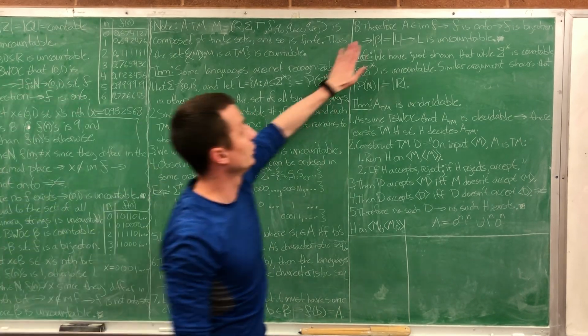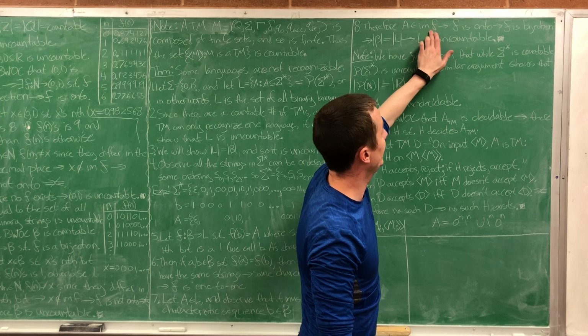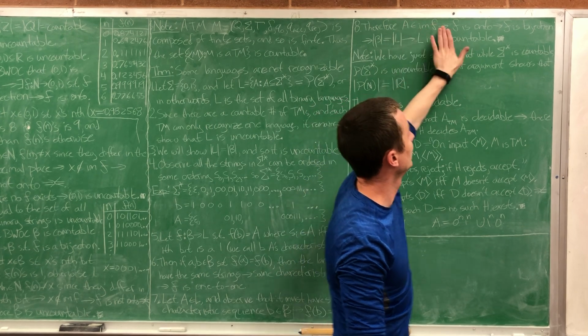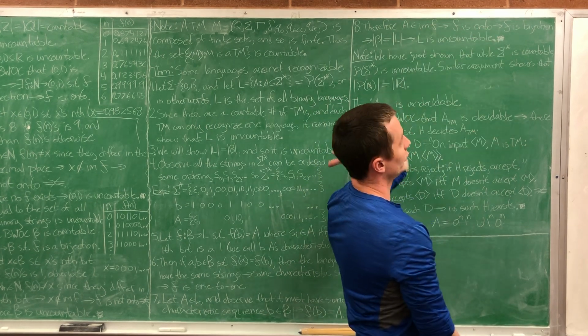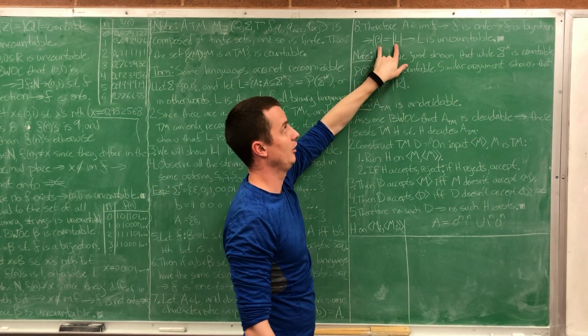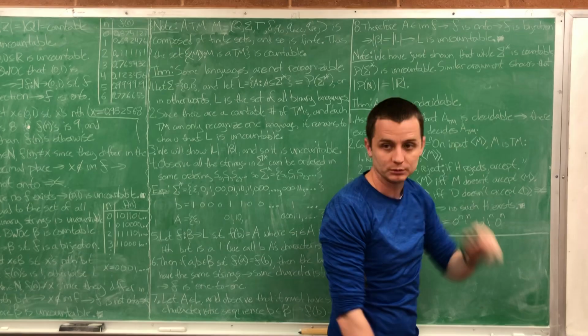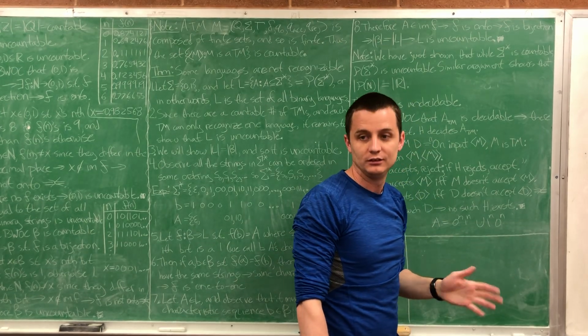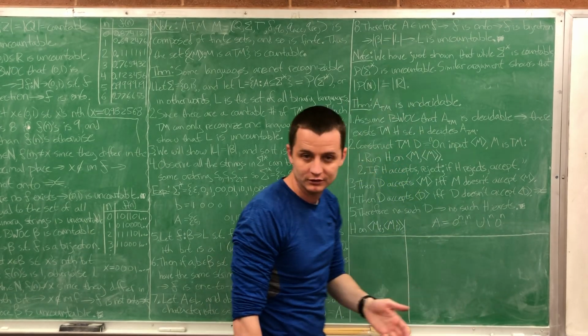Therefore, A is in the image of F, so F is onto. Since we showed it's 1 to 1 and onto, F is a bijection. Therefore, beta and L are the same size, therefore L is uncountable, which is what we were after.